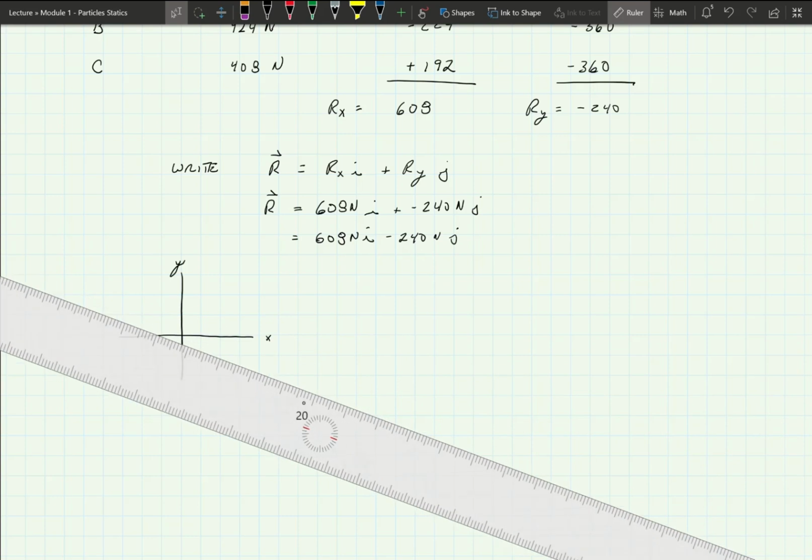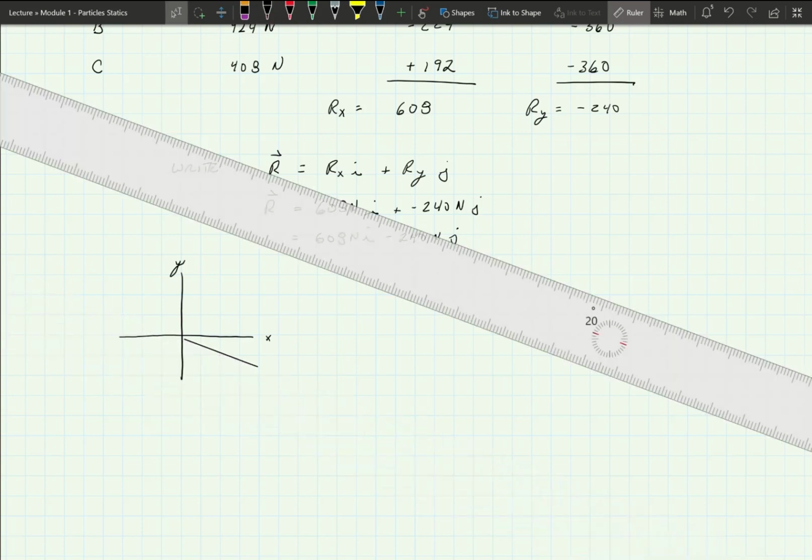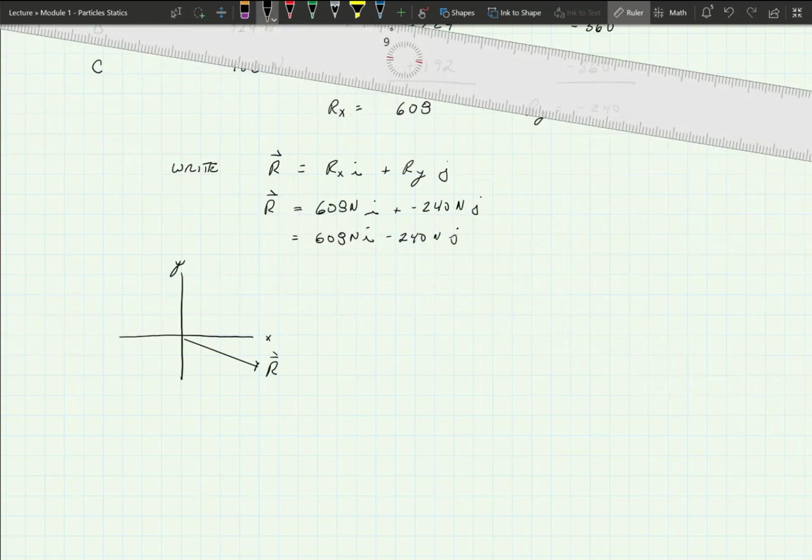Get up there. And that is my vector R, which I know to be equal to 608 newtons in the i minus 240 newtons in the j. Okay.